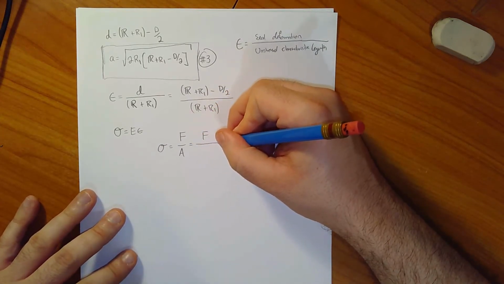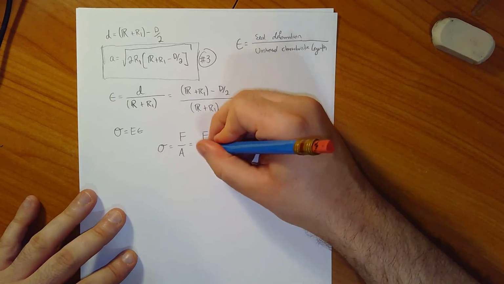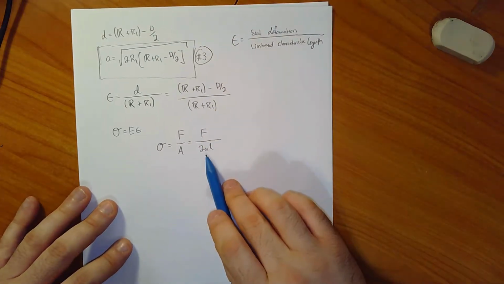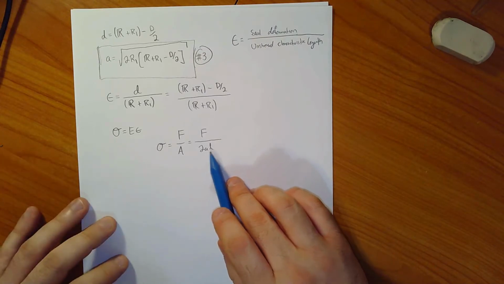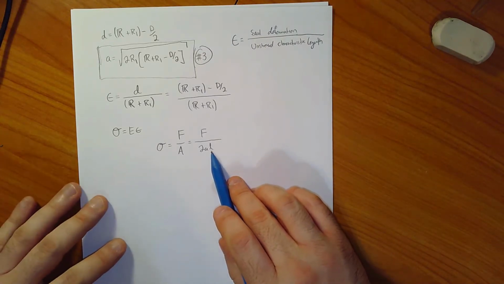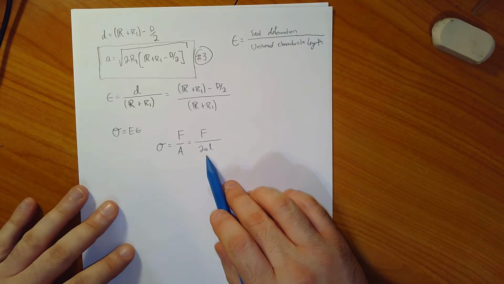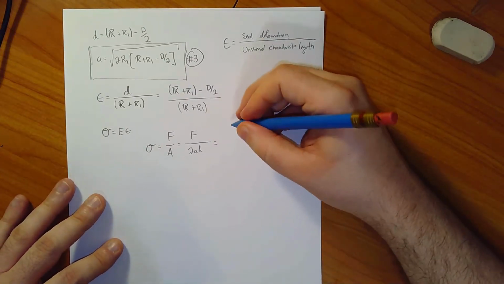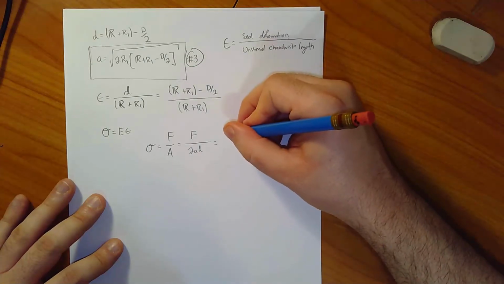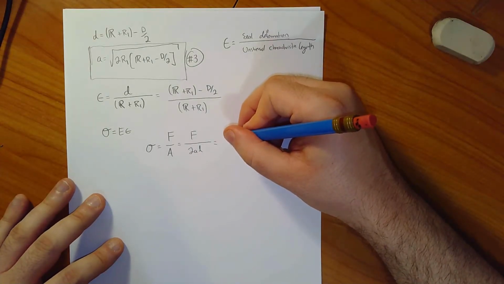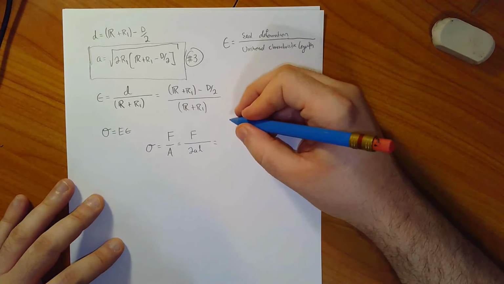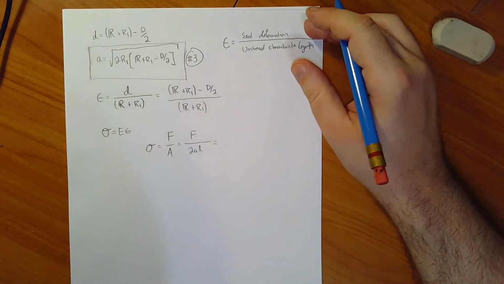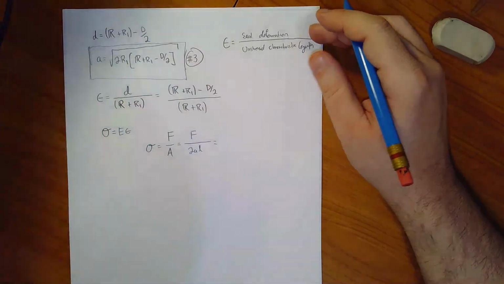The area is 2AL, right? Where again, A is that lowercase a, that contact area. L is the circumference of the O-ring, and we have an expression for A, right? So it's just... now I've lost it.